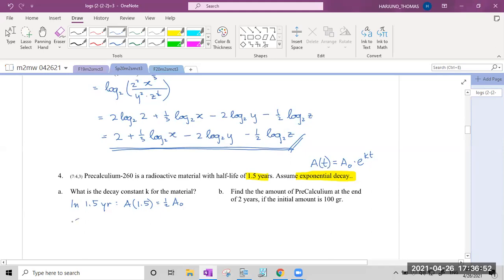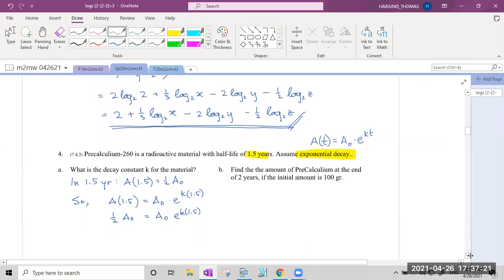So A of 1.5 equals A sub 0 times e to the k times 1.5, right? But at the same time, we know 1.5 years is the half-life, which means this is half of the original amount. That way we can cancel A sub 0. So 1/2 equals e to the 1.5k.